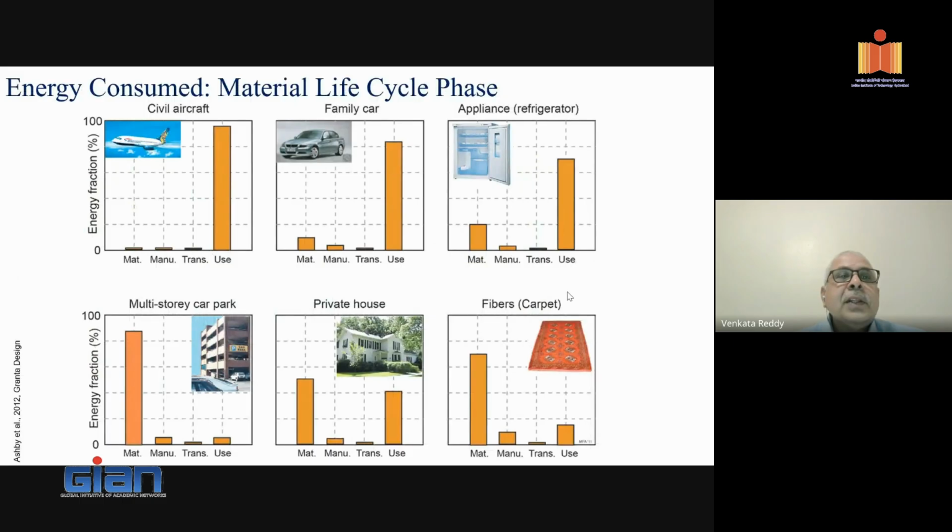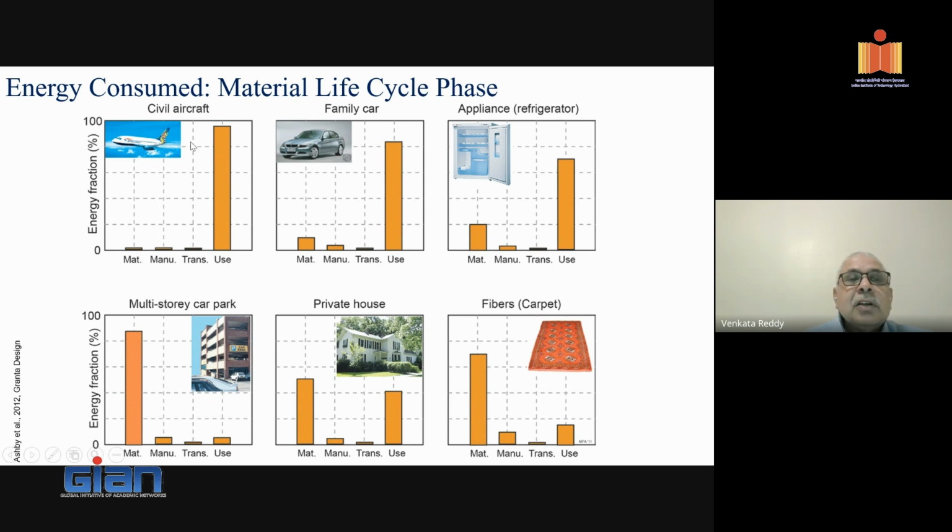Okay, now if you are looking at this, basically we are looking into the life cycle and circular manufacturing. Okay, now it's not just during the manufacturing stage alone, but if you take the different components, they will have different contributions to the energy consumption during their material life cycle. If you take an aeroplane, the materials manufacturing and transport will not be costing as much as the use phase, because it will be used for 25 to 30 years, maybe more. I don't know the exact number.